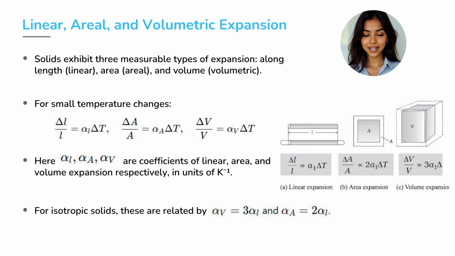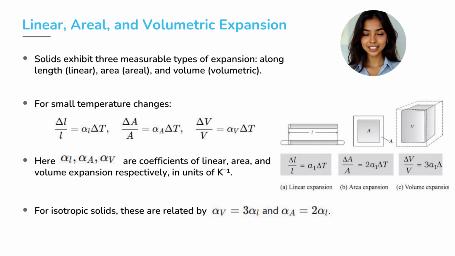For area expansion, we write delta A divided by A equals alpha sub A multiplied by delta T, where alpha sub A is the coefficient of areal expansion. And for volume expansion, delta V divided by V equals alpha sub V multiplied by delta T, where alpha sub V is the coefficient of volumetric expansion.